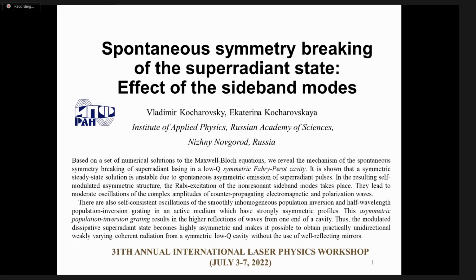In fact, the explanation will be based on two very well-known phenomena. One is the well-known Rabi oscillations of active centers, which result in excitation of sideband modes, because if we have a homogeneously broadened spectral line, initially lasing is due to excitation of one central polariton mode.